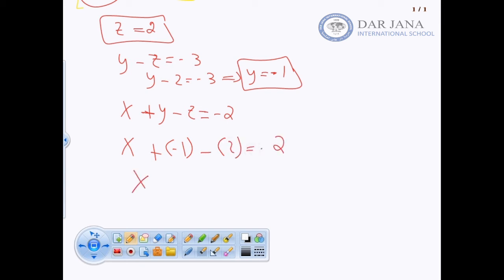That means x minus 3 equals negative 2, which means x equals 1. So the solution is x equals 1, y equals negative 1, and z equals 2, and we solve the system of equations.